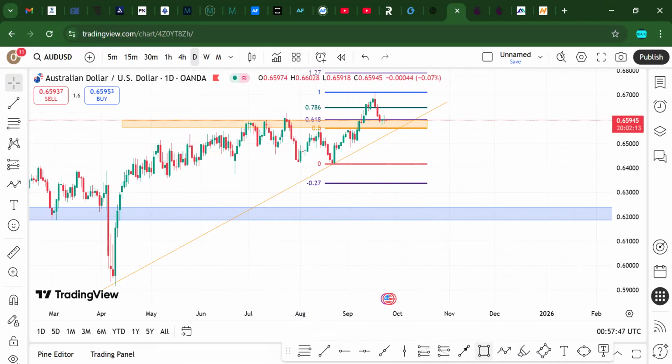We can see that the neckline has just been broken and it is currently being retested. Now, this retest coincides with our Fibonacci retracement tool golden zone. So putting everything together, the information we're gathering is telling us that the market is about to start moving upward.